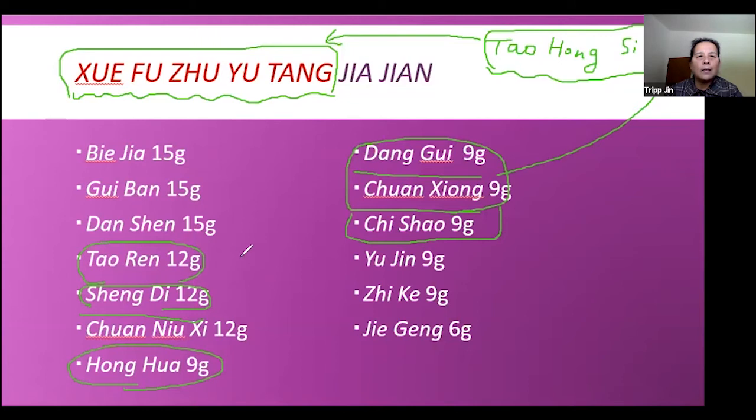And this formula is even further modified from 血府逐瘀汤: 桔梗, 郁金, 荆芥 move qi; 丹参 moves and tonifies blood; 龟板, 鳖甲 tonify the kidney.